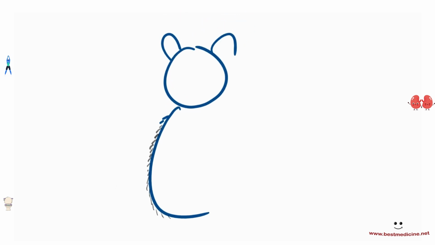So let's say this is a bear, right? And then this is his tummy, and all of these are the hair of the bear, right? So they are just hanging down, not really doing anything, minding their own business. And then suddenly the bear gets cold.